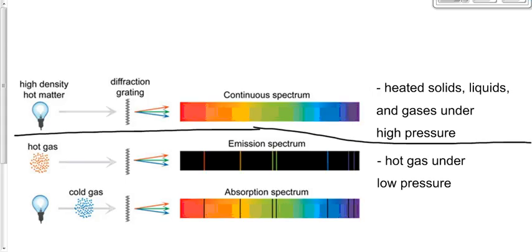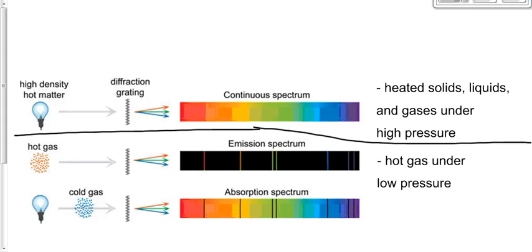Now, let's take hot gas and put it under low pressure. So we had a solid or a liquid or a gas under high pressure. Now let's take a gas and put it under low pressure. It's hot still. It produces light. And when we look at it, it might appear to be white light. But we put that white light through a prism or a diffraction grating and we see, all of a sudden, wait a second, it wasn't all the colors of the rainbow.